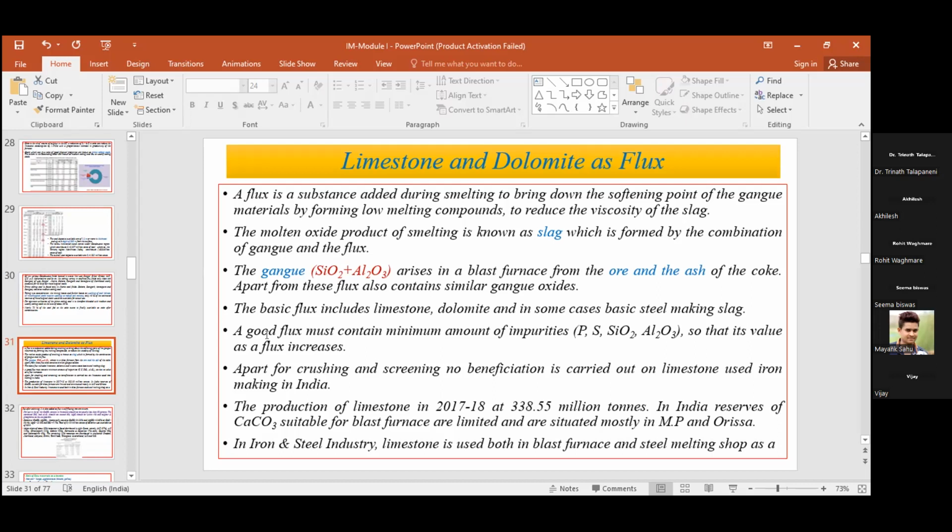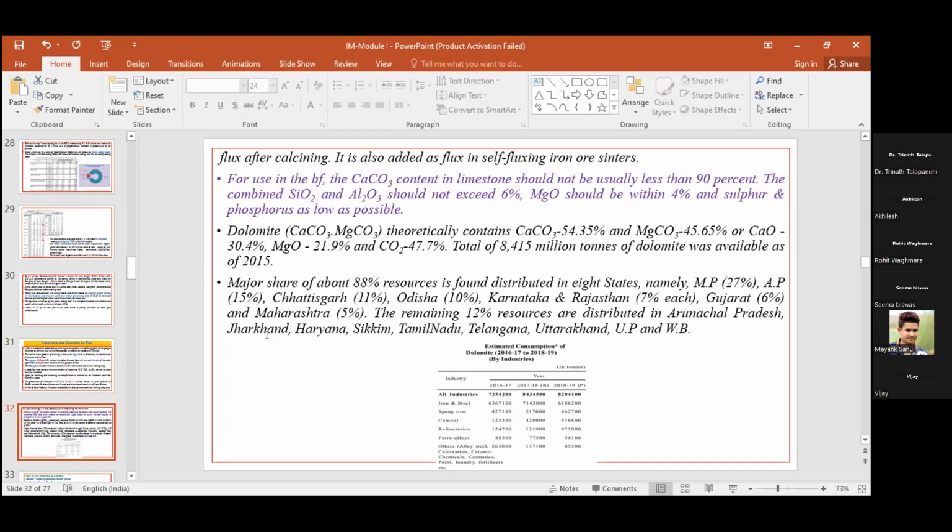As per the 2017-18 statistics, we have 338.5 million tons of limestone deposits available in states like Madhya Pradesh and Odisha. This limestone is used for the production of both iron and steel.